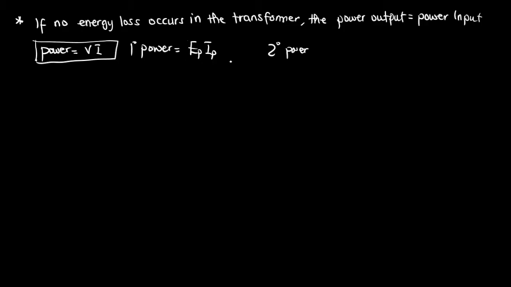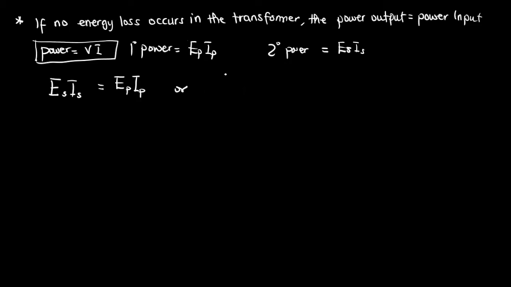The primary power is the power input, and this is the power output. That will also be equal to ES IS. Are you okay? So we are saying that if no energy loss occurs, then ES IS, which is the power output, should be equal to EP IP, the power input.